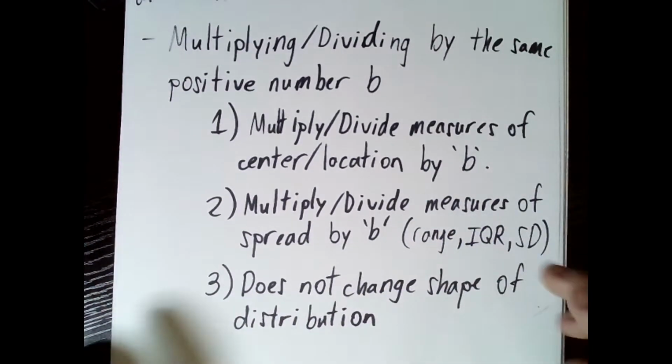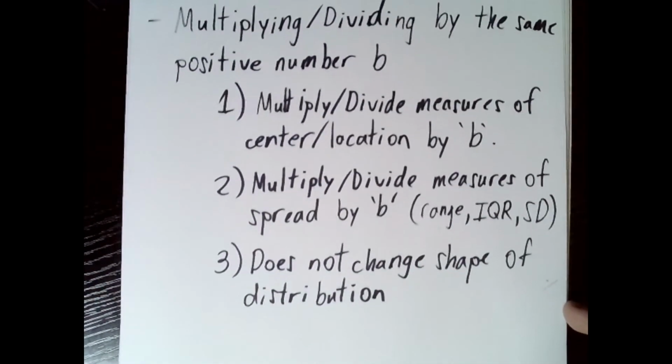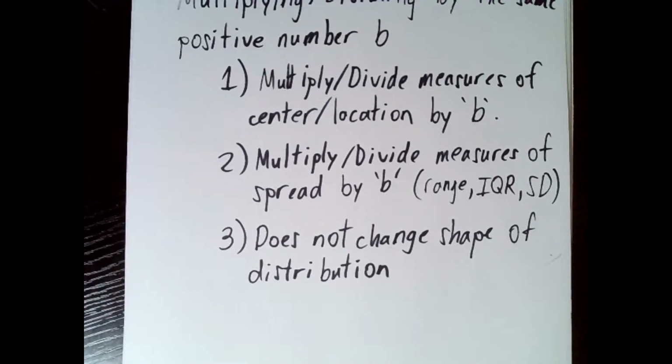Okay. Now, I want to do one example where we talk about strictly just multiplication or division. And after that, in a separate video, I'm going to go ahead and combine both transformations using multiplication, division, and addition or subtraction.